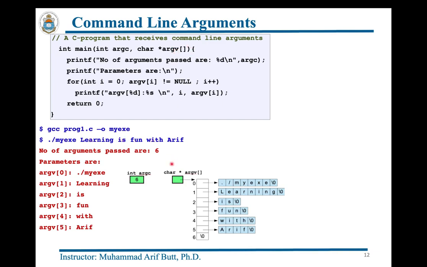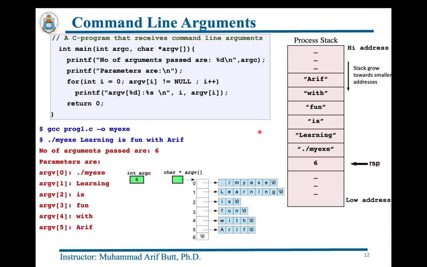And this second argument argv, this argv sub 0 contains the name of the program. Argv sub 1 contains the first command line argument, that is learning, and so on to finally argv sub 5 contains this Arif. Great. And my dear students, if no arguments are passed, of course this argc will be 1, which right now is 6.